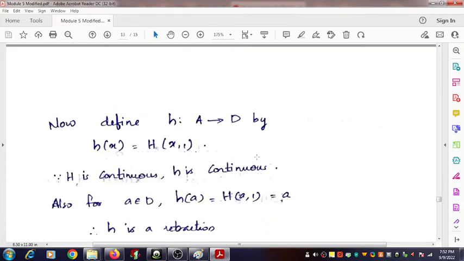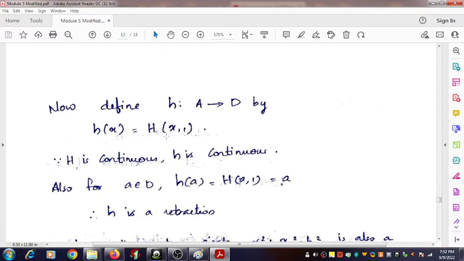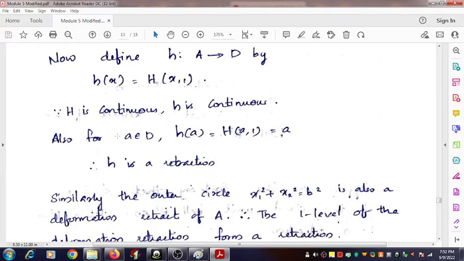Now we can define a continuous function h from A to D by h(x) = H(x, 1). With the help of that deformation retraction, we define a continuous function h. Since H is continuous, small h must be continuous. The newly defined function must be continuous.